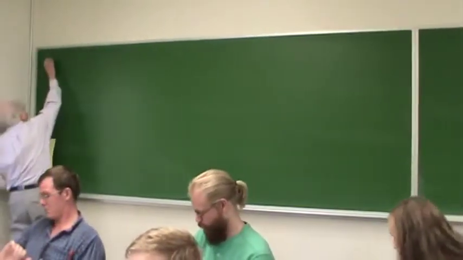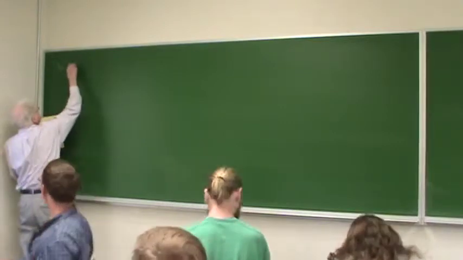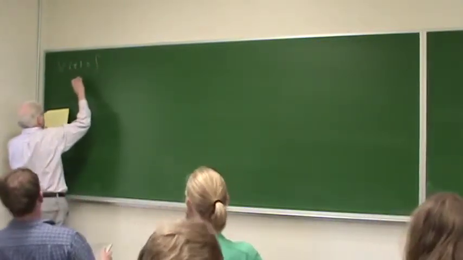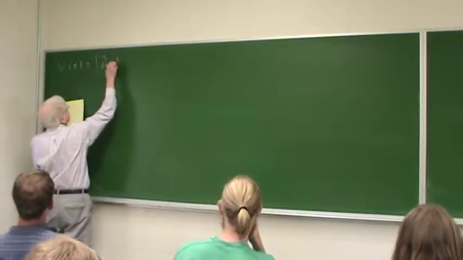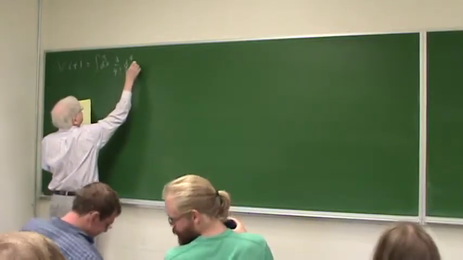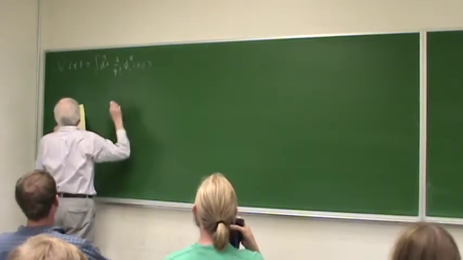So, as an example, V of t might be an integral d cubed x, lambda over 4 factorial, phi_0 to the 4th at x and t.